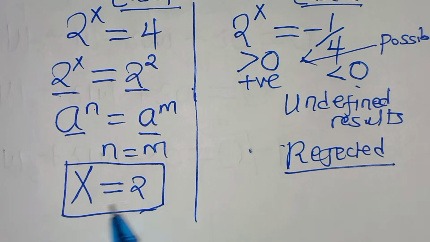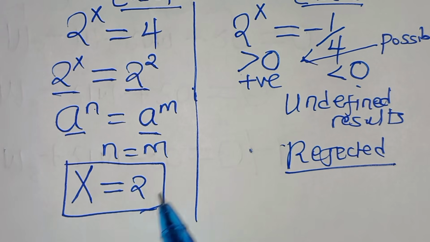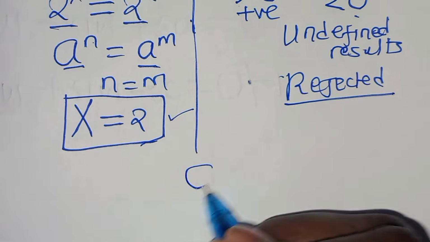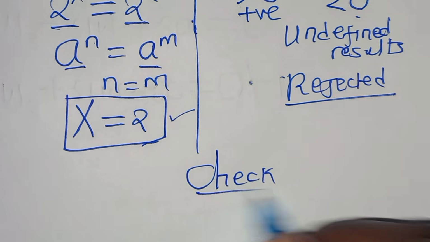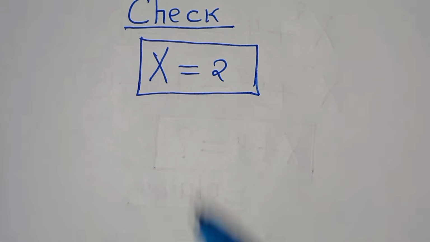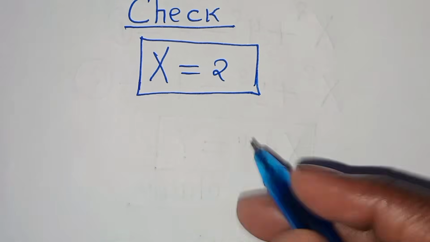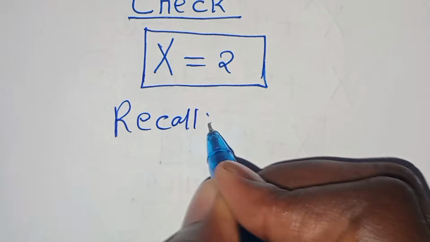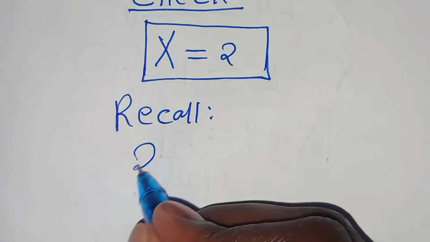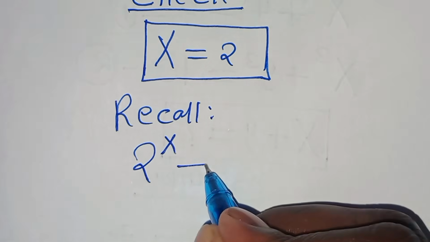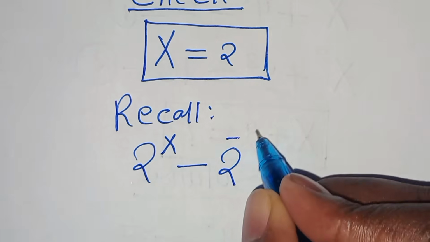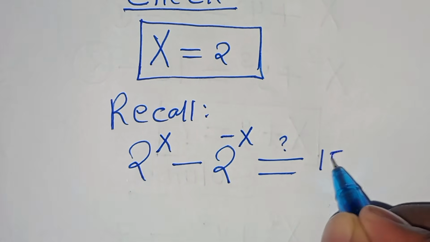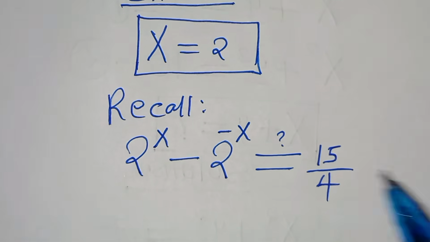So the next step is to verify if this value of x satisfies the equation. So let's check. If you recall, we have that 2 to the power of x minus 2 to the power of minus x is supposed to give us a value of 15 over 4.